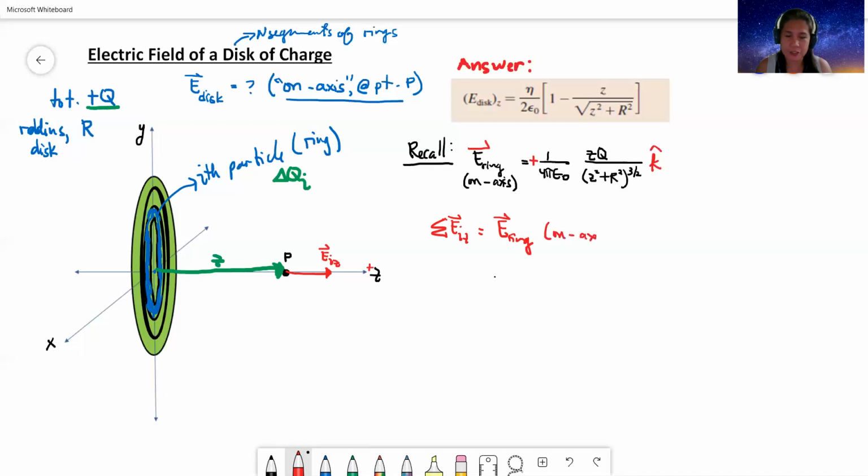On axis electric field. And this is what we are going to do. We will just sum up. It's just a matter of substituting for the appropriate symbol. So let's define things further.